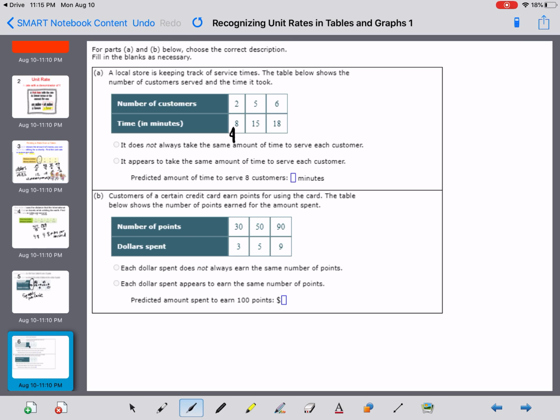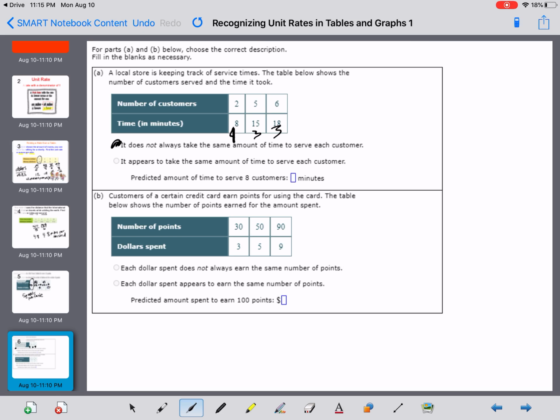Then the next one is 15 minutes for 5 customers, so 15 divided by 5 gives me 3. And then 18 minutes for 6 customers, 18 divided by 6 is 3 as well. So no, it does not always take the same amount of time. So I'm going to say no there. Since that one's no, I'm not going to skip the next problem.